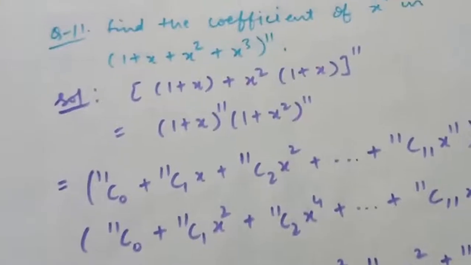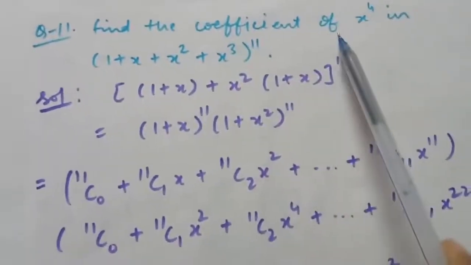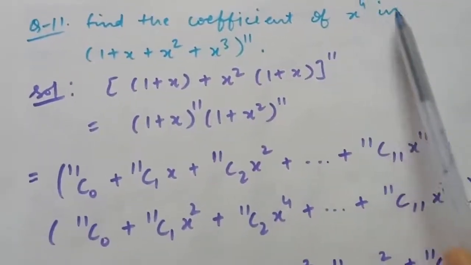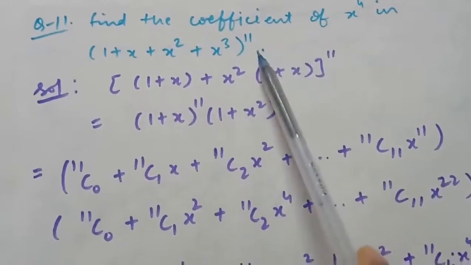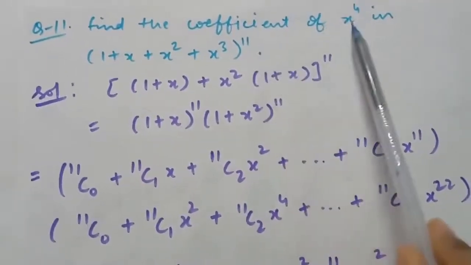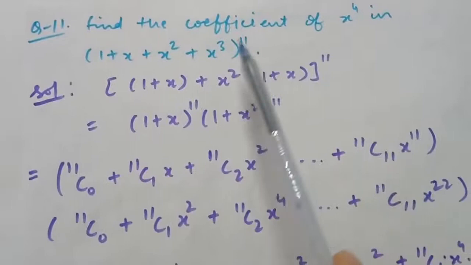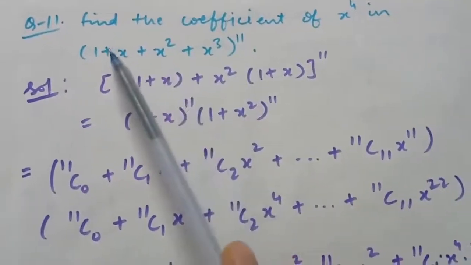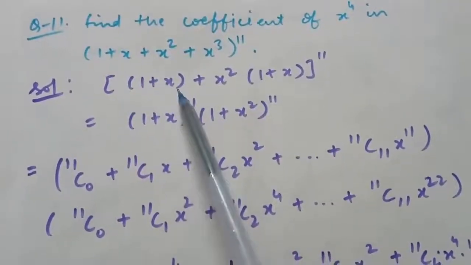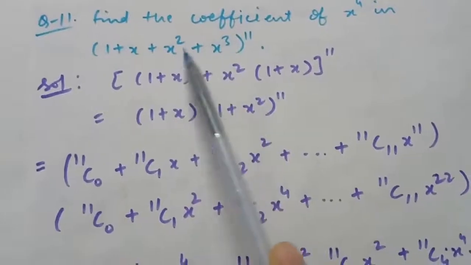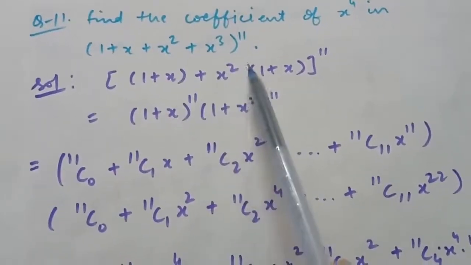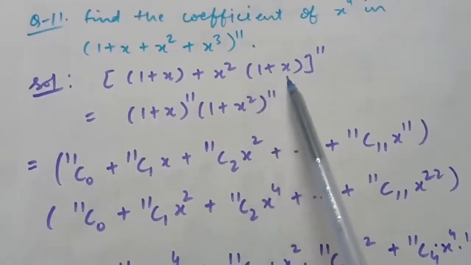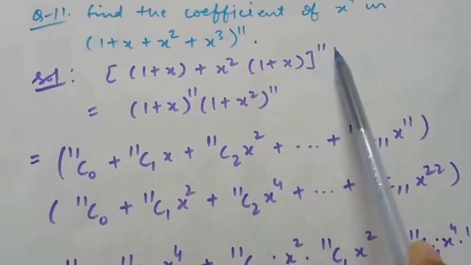Now question number 11. Find the coefficient of x raised to the power 4 in this expansion. So we have to find the coefficient of x raised to the power 4. See, we can see here it is 1 plus x, and from these two terms we can take out x square common. So you get 1 plus x whole raised to the power 11.